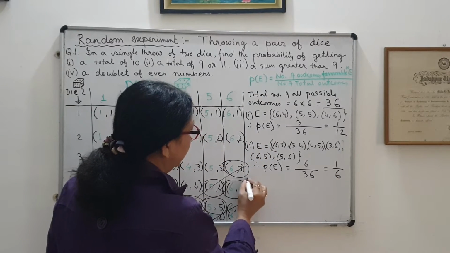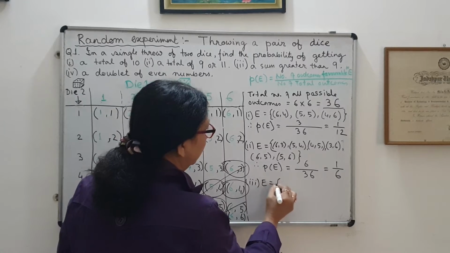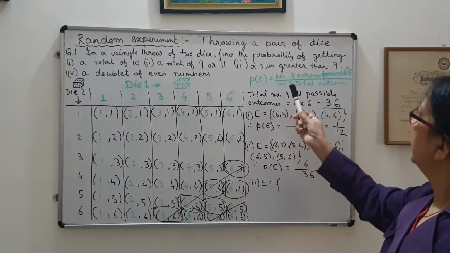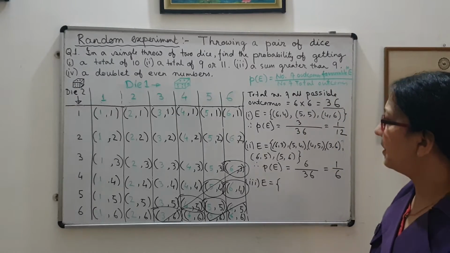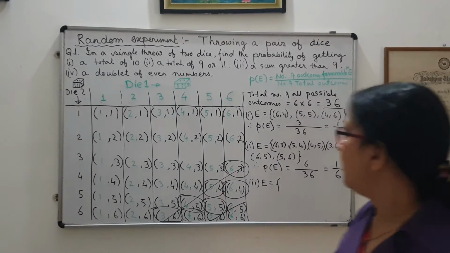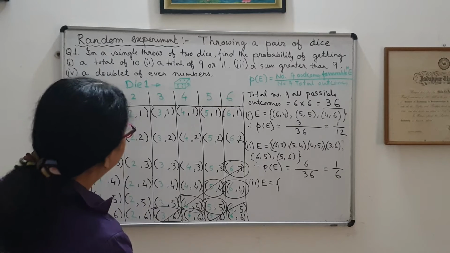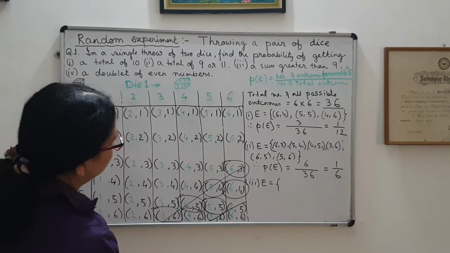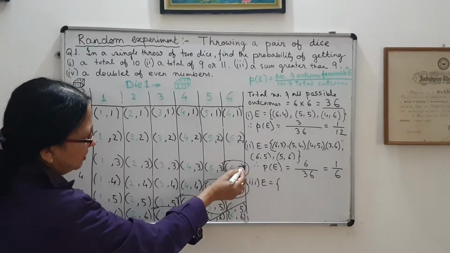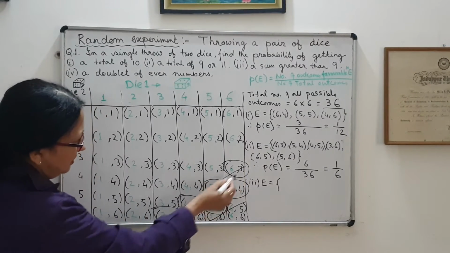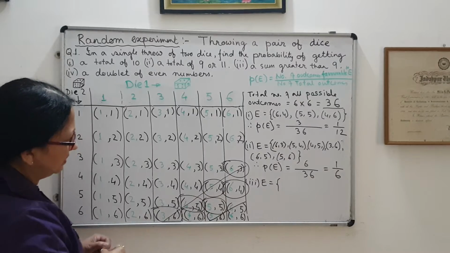Now the third part, what will be the event? In the third part, the sum is greater than 9. Now you see, the sum will be 9 when 6 plus 3 is 9. You see this diagonal, (6, 3), (5, 4), (4, 5), up to this the sum is 9.